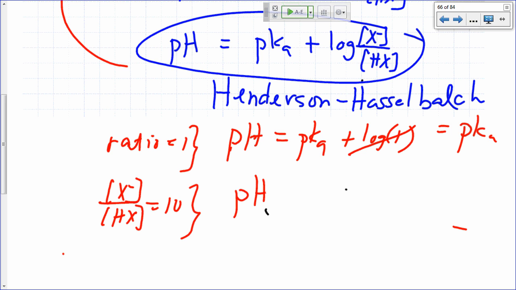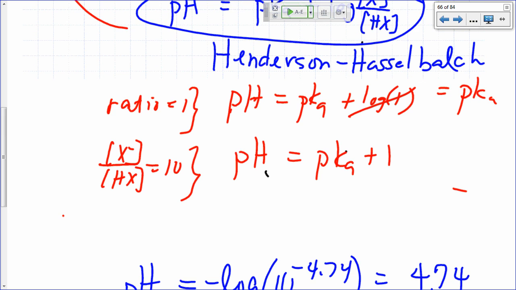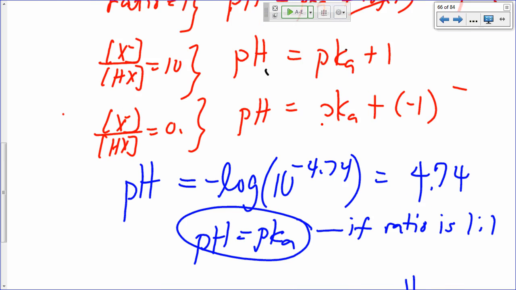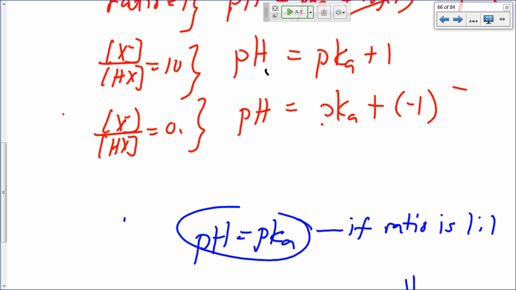Then your pH will be pKa plus log of 10. What's log of 10? 1. See? What happens if the ratio is 0.1? X minus over HX equals 0.1. Then your pH is going to be equal to pKa plus log of 0.1, which is going to be negative 1, right? So you would expect your pH then to be pKa minus 1.